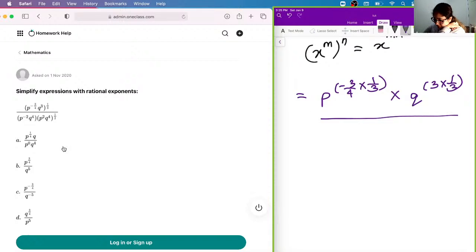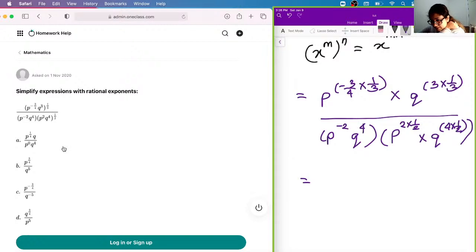And then for the denominator, we're going to have p to the power of negative 2, q to the power of 4, times p to the power of 2 times a half, times q to the power of 4 times a half. Then we're going to multiply the exponents accordingly.